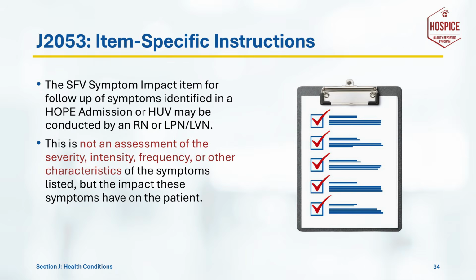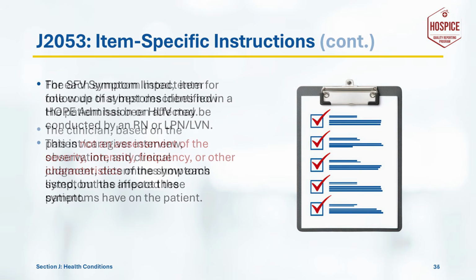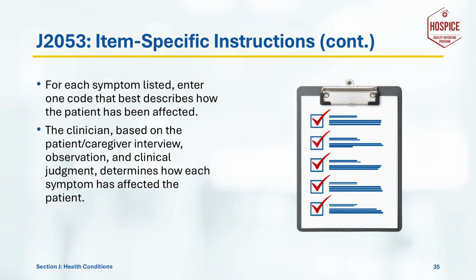J2053 is used during the symptom follow-up visit to rate symptoms identified in J2051 symptom impact on an admission or HUV. Once again, just like in J2051, in J2053 SFV symptom impact, the clinician will rate the impact of each symptom listed in the item.